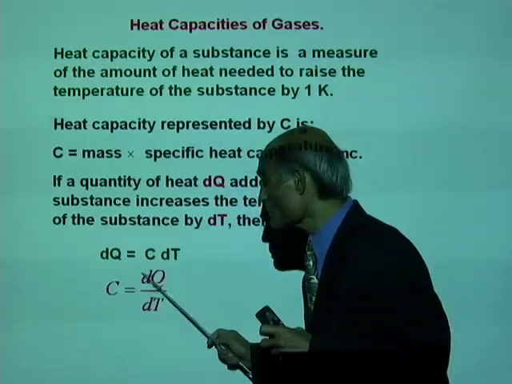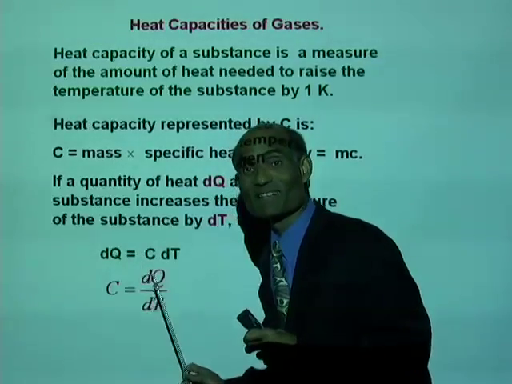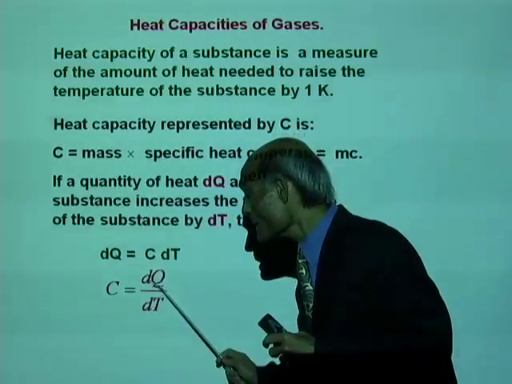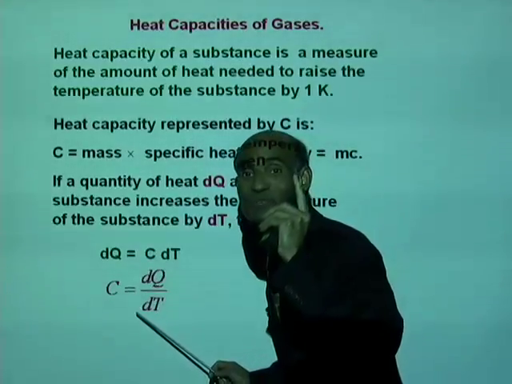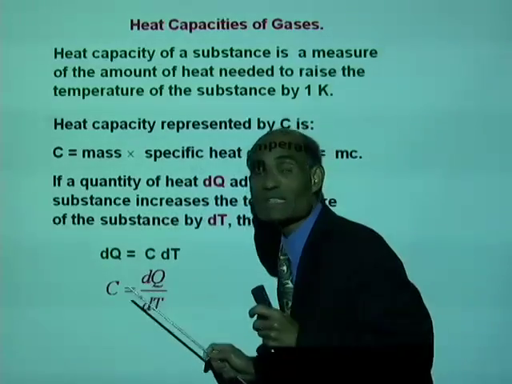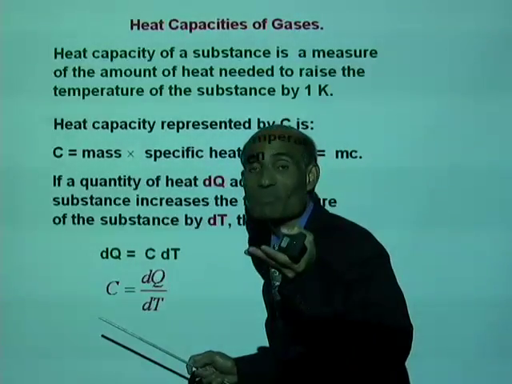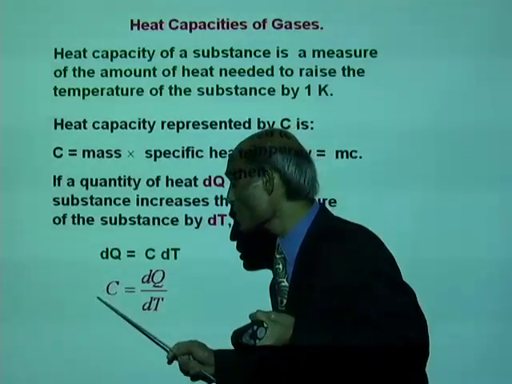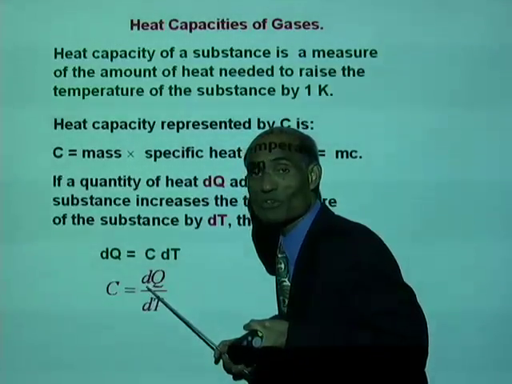Now actually, this is a better definition of heat capacity, isn't it? The amount of heat required per Kelvin rise of temperature, dQ by dT, the rate at which heat is used in raising the temperature. That is the definition of heat capacity. Alright, so keep this.